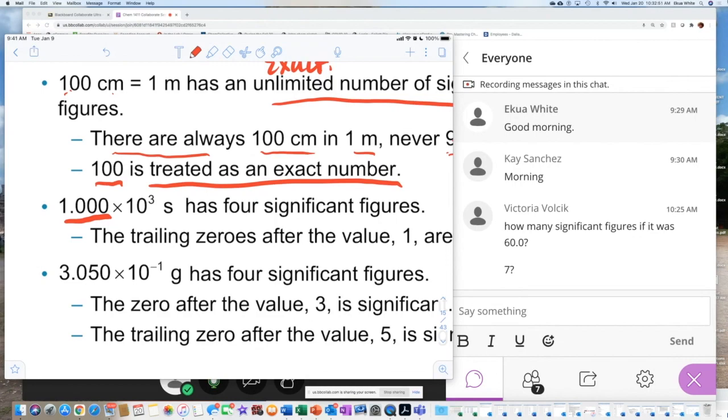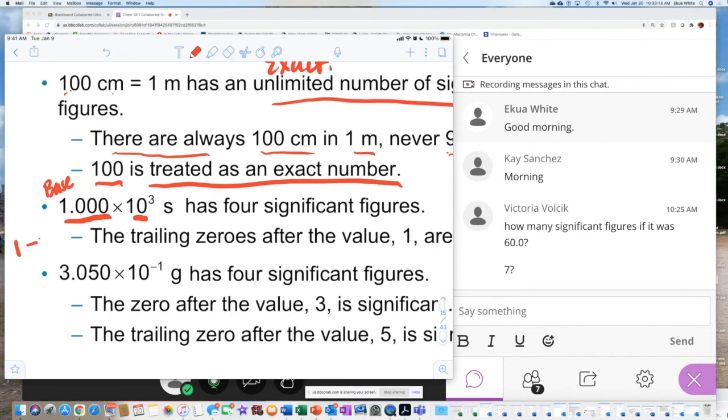Okay, so in scientific notations, you tend to have 2 parts of the number. This part here is called the base number, the regular looking number, and then you have the exponent form. The base number usually is somewhere between 1 and less than 10.